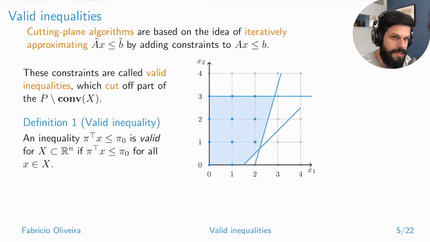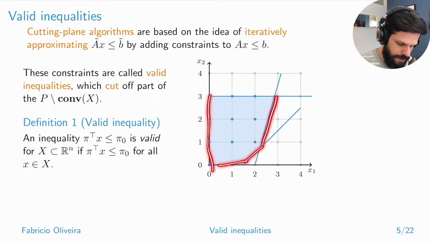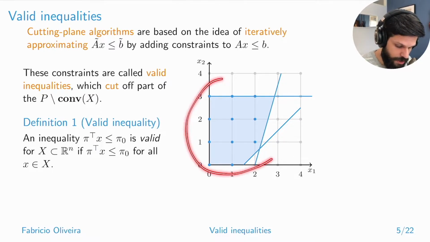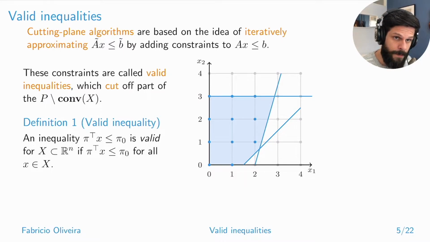Basically, the idea is that once we look at the linear relaxation, so this would be our set P, and by having this formulation, we infer that we can remove parts of this set that are not part of the original convex hull.